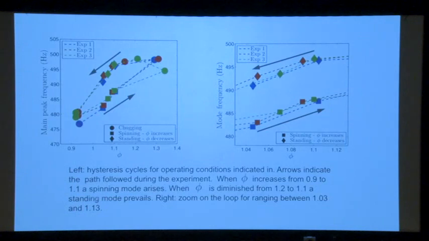And you see here, if you are going that way, you get what I was saying. You get to a situation where you're essentially spinning, and if you go the other way, you're essentially standing. So there is a hysteresis loop. In this way, you get spinning. In that way, you get standing.